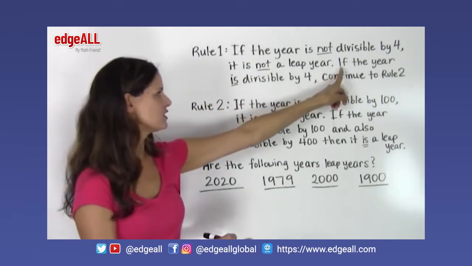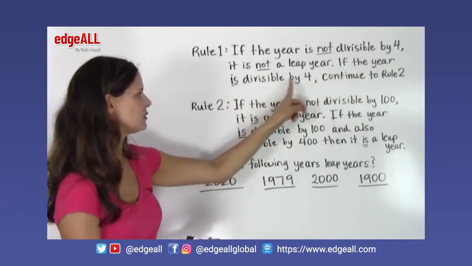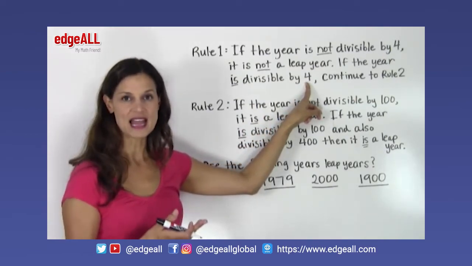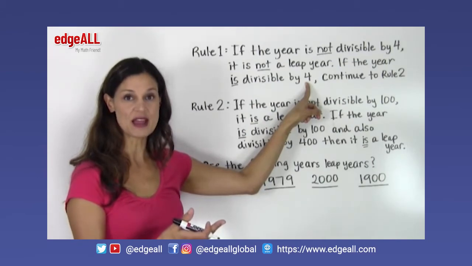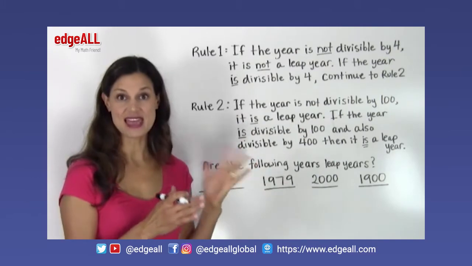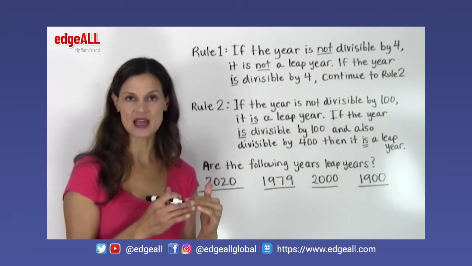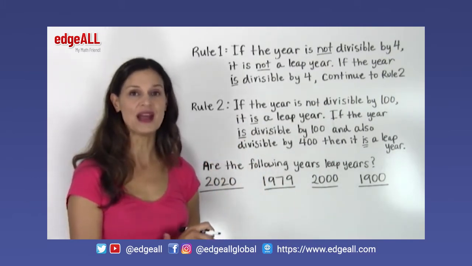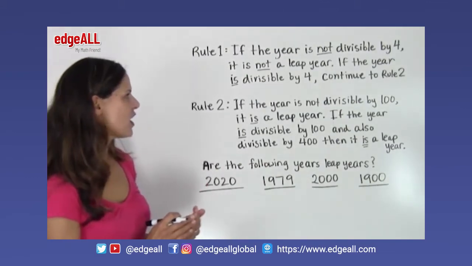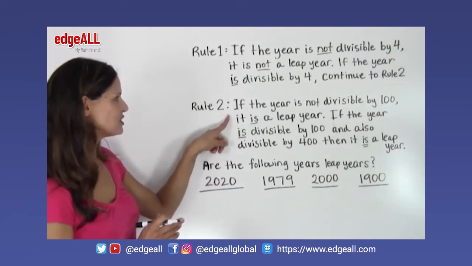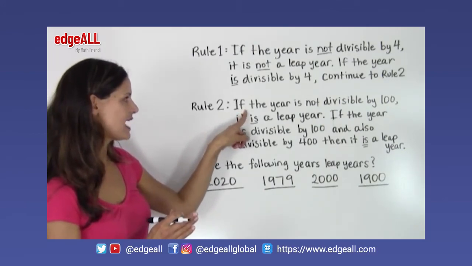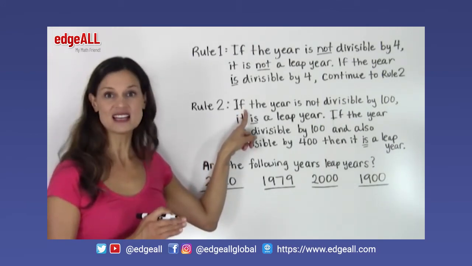So I come here to my first rule. If the year is divisible by 4, continue on to rule 2. So at this point, I know that 2020 is divisible by 4, and I can move on to rule 2. It may or may not be a leap year. I need to now check with the constraints of rule number 2 in order to find out if it is or is not a leap year. So in rule number 2, I take my 2020 and I try to divide it by 100. Well, 2020 is not divisible by 100.